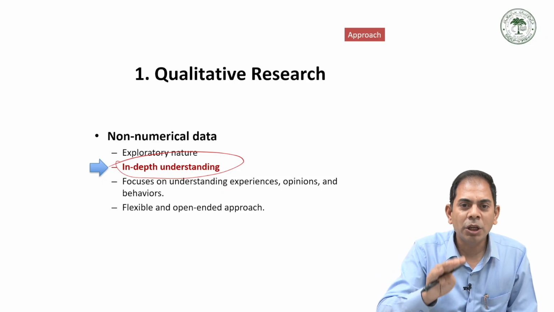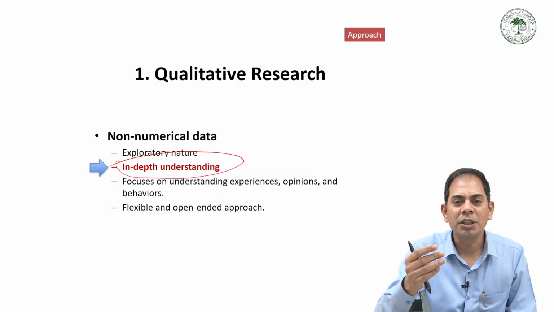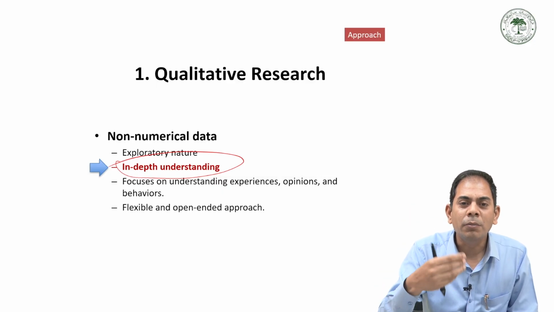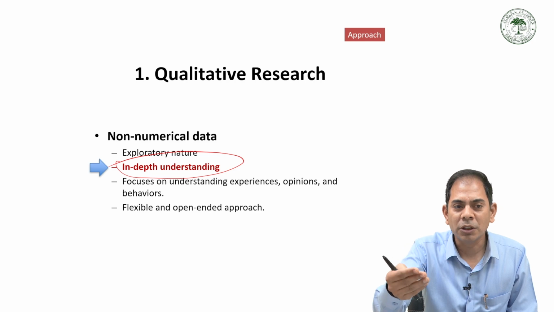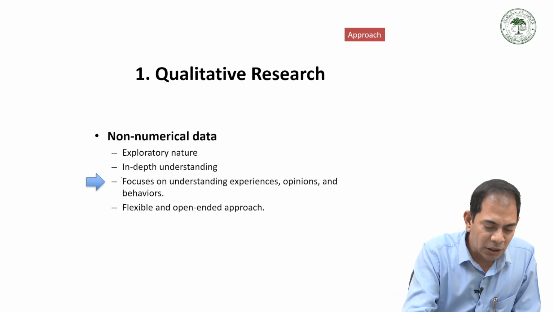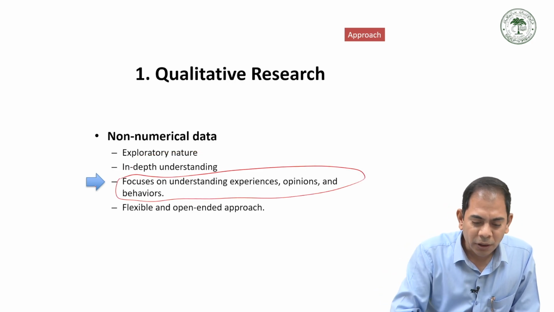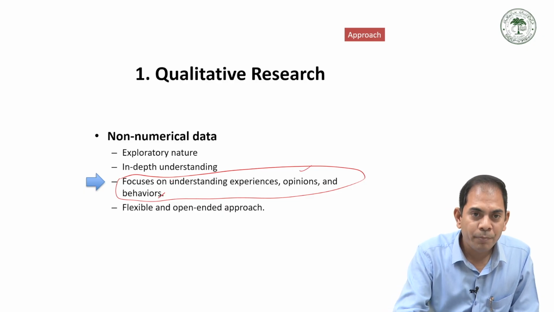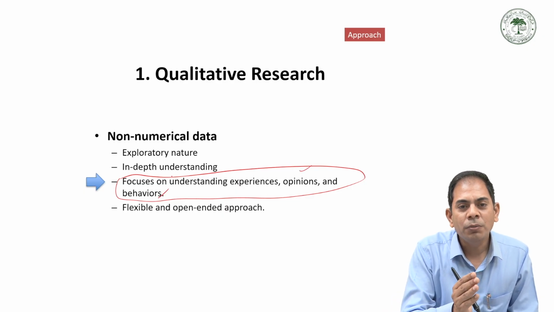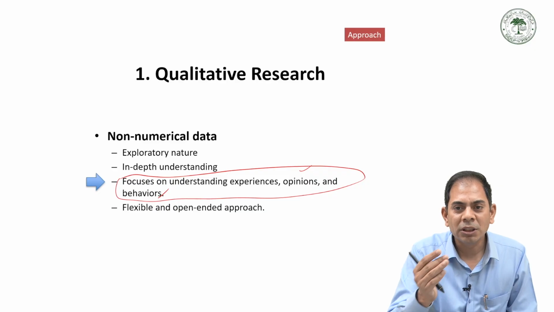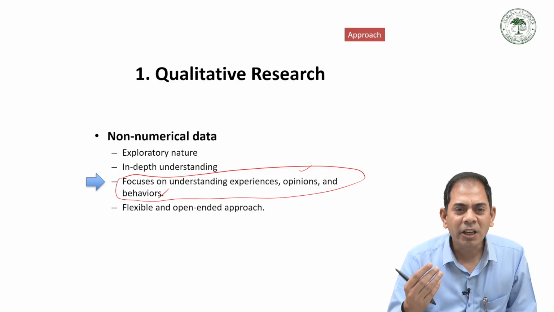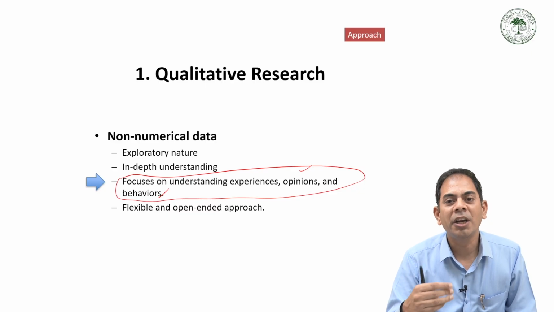The researchers try to understand the athletes' feelings, thoughts, and experiences, and then reach specific conclusions. Next is the focus on understanding experiences, opinions, and behavior. In qualitative research, the main focus is to understand people's experiences, opinions, feelings, thoughts, and behavior in detail.